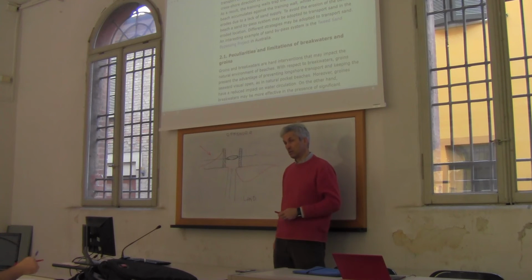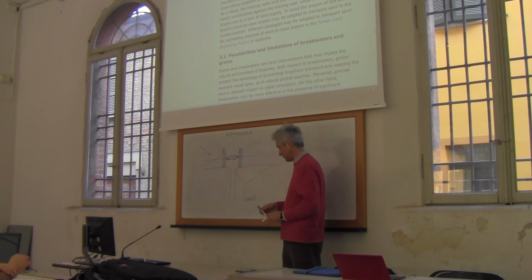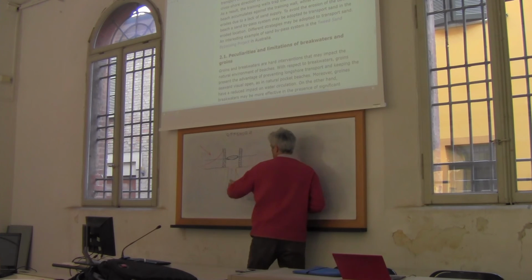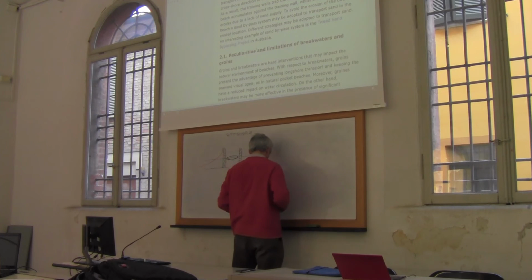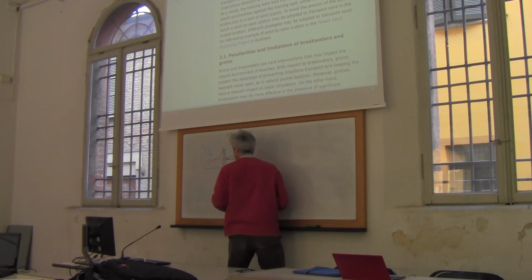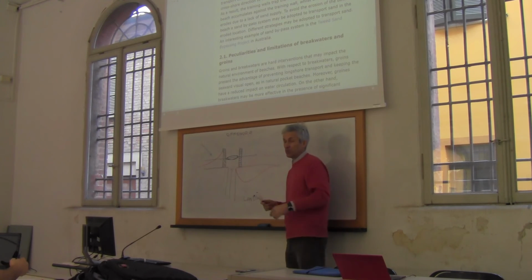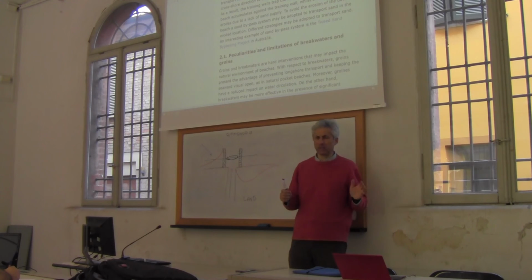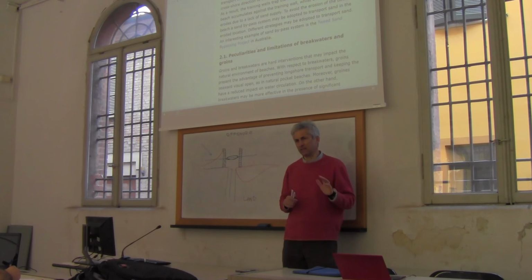Just the red arrow, is it the wave direction or the current direction? It's the wave direction. I should have depicted it here in blue, because here the flow was depicted in blue, so this is the direction of waves. I never talked about currents. Currents is something that usually I don't consider.